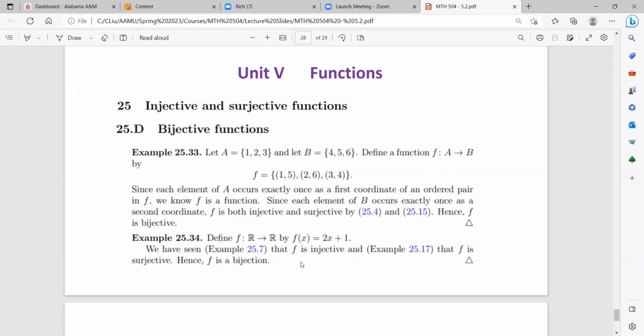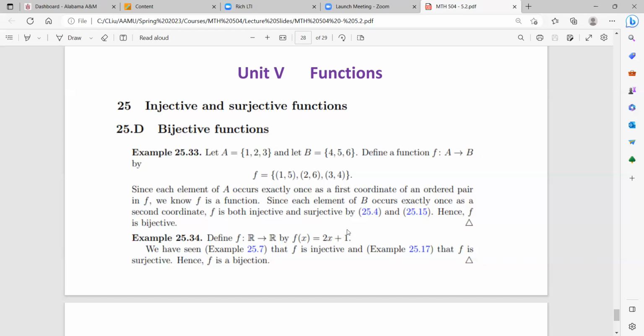Okay, the next example, f of x equals 2x plus 1. We have done this example before. And we have shown this function is one-to-one, and later we showed it is also onto. So this function is also a bijection.